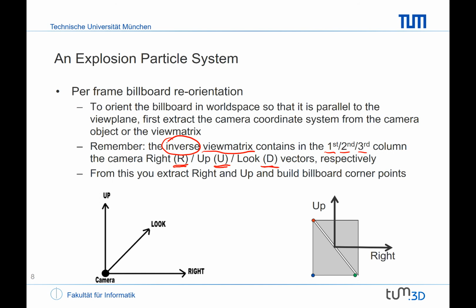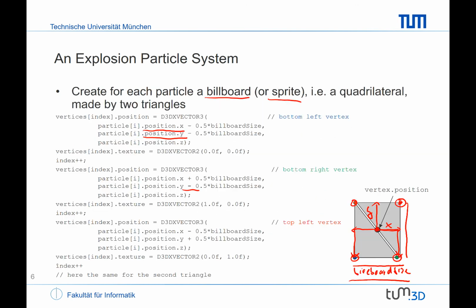Then we have obtained these three vectors r, u, and the view direction vector d. Now in order to align our billboards, we take the up vector u and the right vector r, and we use them in place of the vectors which we used to get the corner points of the quadrilaterals from the particle center position.